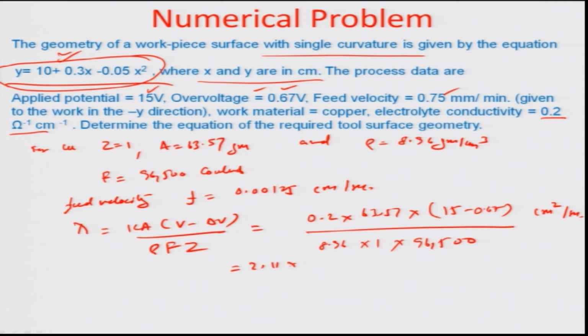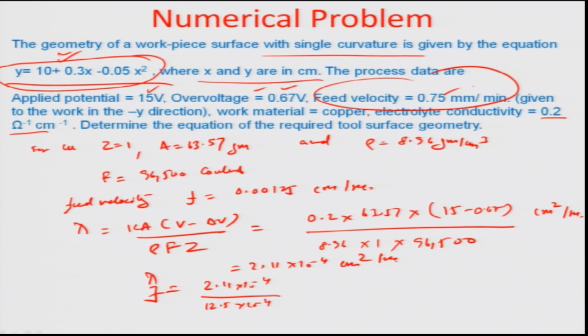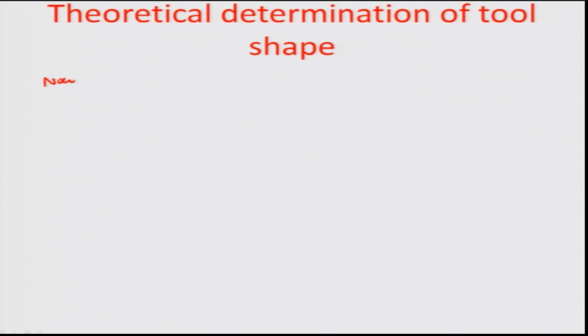This is 2.11 × 10^-4 centimeter square per second, and so lambda by f in this case becomes 2.11 × 10^-4 centimeter square per second divided by 12.5 × 10^-4 centimeter per second, which is calculated or converted from the 0.75 millimeters per minute feed velocity, and this is reported to be 0.169 centimeters.